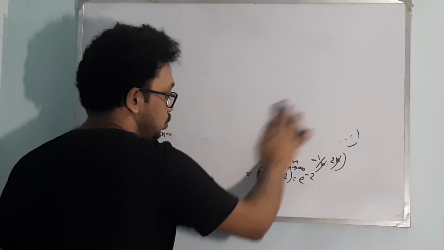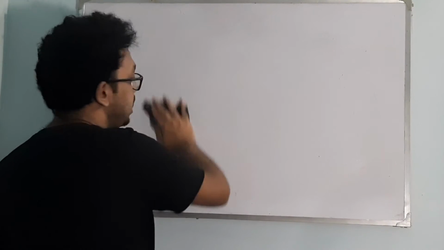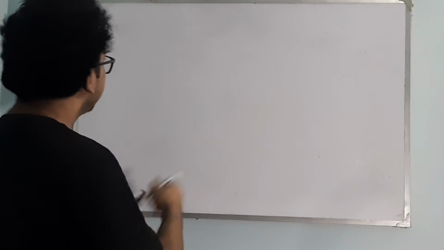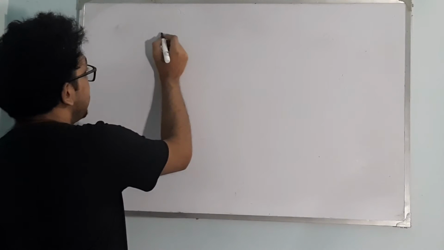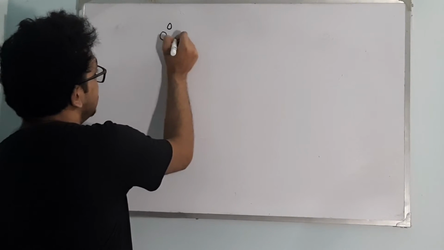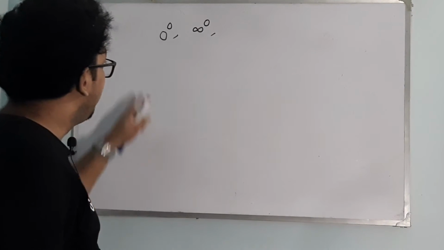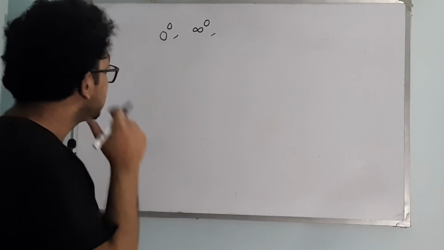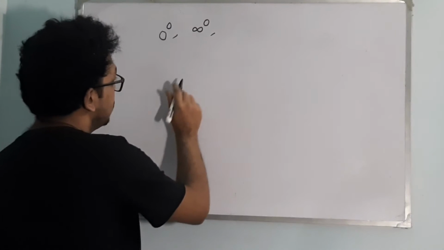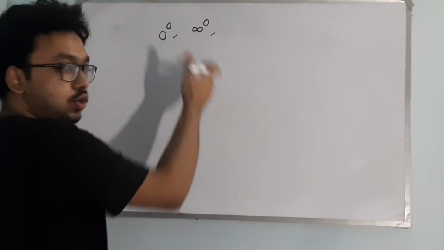I will explain the last two simultaneously. The last two indeterminate forms were 0 to the power 0 and infinite to the power 0, right? For both of them you can use a generalized way. Let us first explain what is the 0 to the power 0 form.